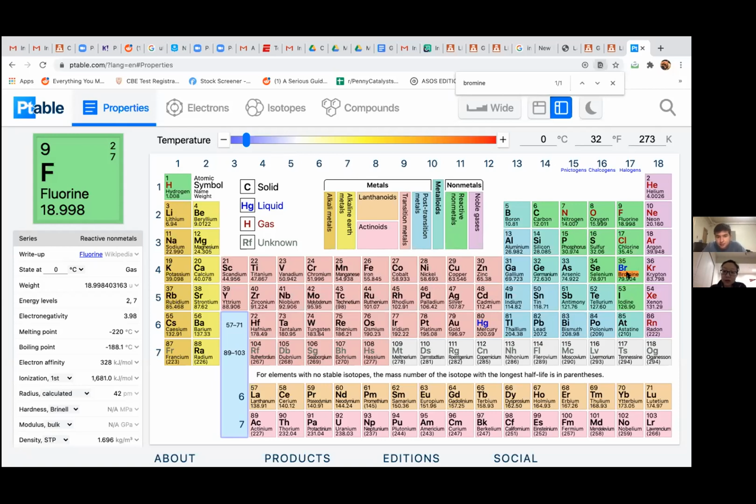This and this are metalloids, right? Yeah. All of this is non-metal, so these are all going to be negatively charged.